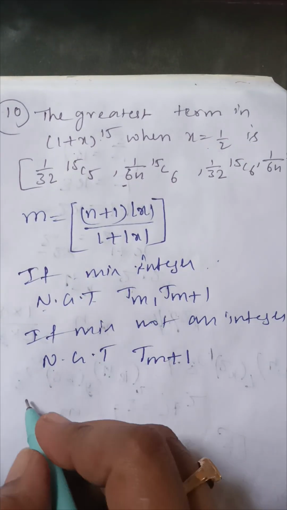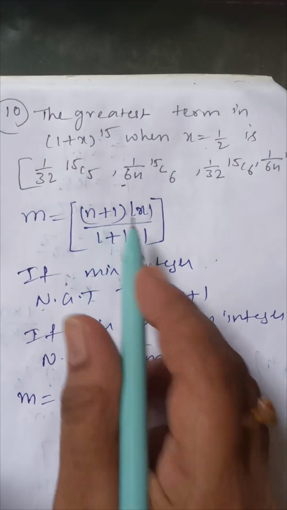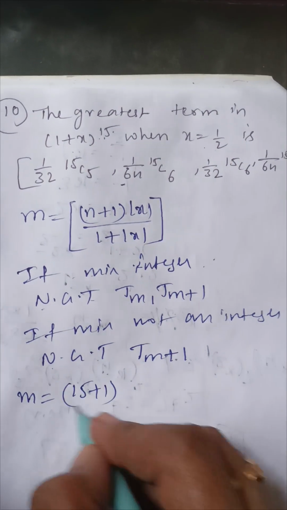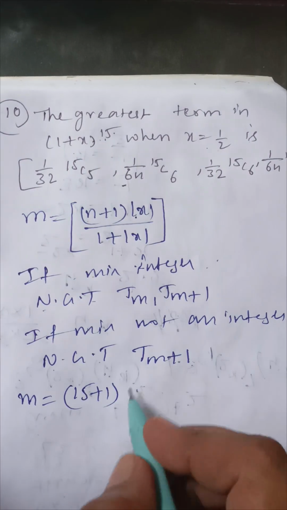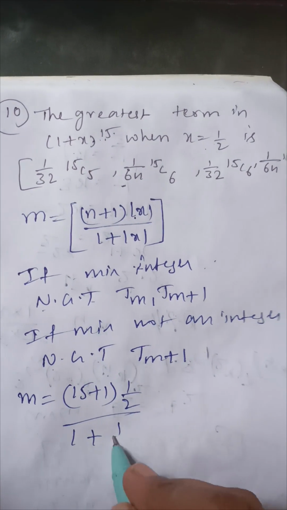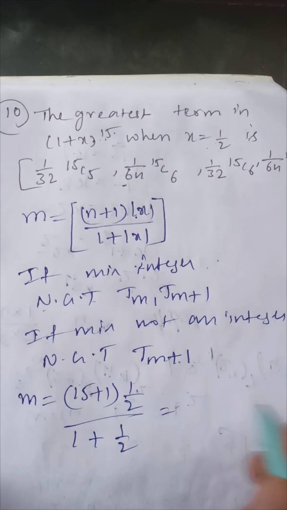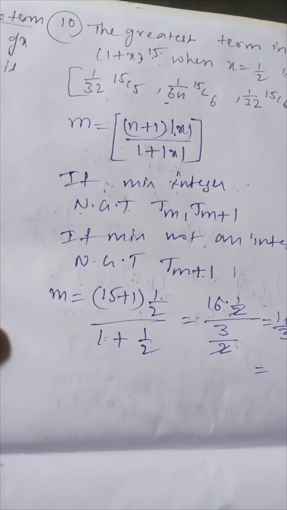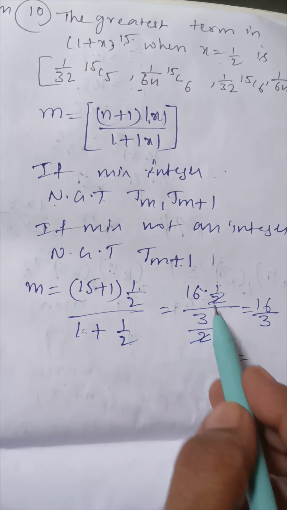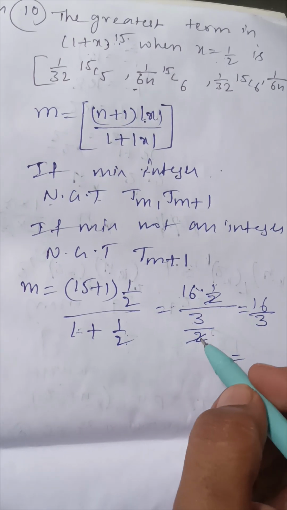So here we are finding m: n plus 1, n is 15, 15 plus 1, and |x| is 1 by 2, so 1 plus 1 by 2. 16 into 1 by 2 over 3 by 2, 2 cancelled, then 16 by 3.